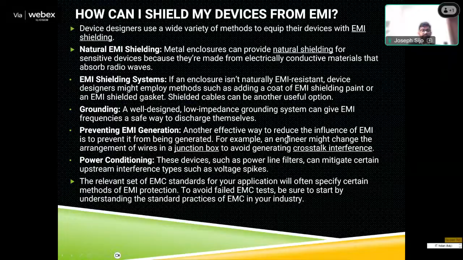So we can reduce the influence of EMI, preventing it from being generated and also from being generated by other devices. A big example is a wire junction box, where we can avoid the crossing of signal and power cable, so we can even separate the boards. And power conditioning devices such as power line filters, surge protectors and also ferrite can reduce this EMI.